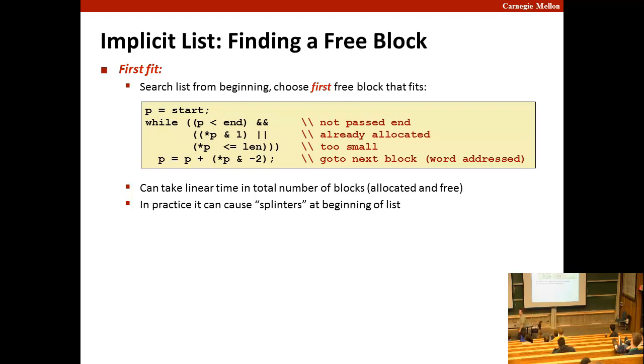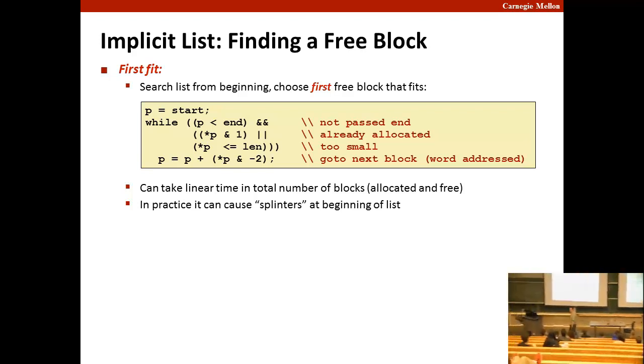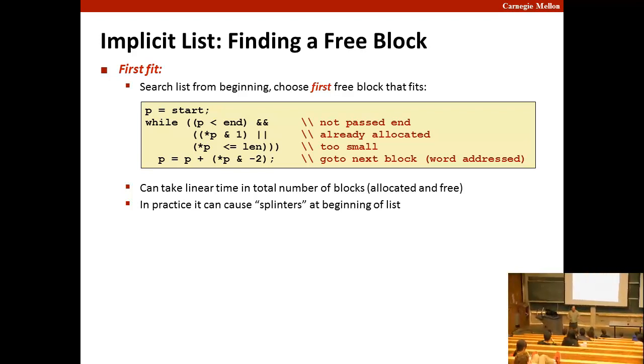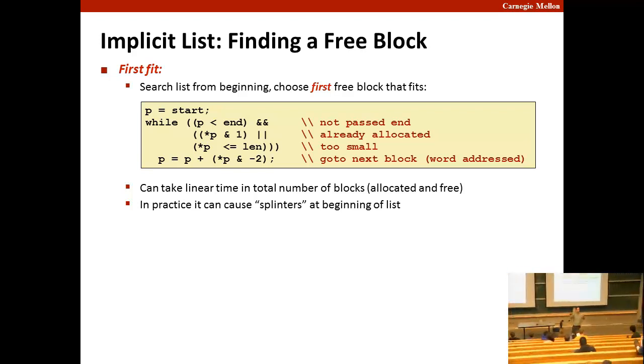Okay? This would be very good for utilization, right? This would mean that I'm taking out large blocks of memory, putting in small blocks of memory, decreasing the amount of external fragmentation as I go. Cool. The problem with it is it involves searching the whole list. So utilization, good. Throughput, bad.